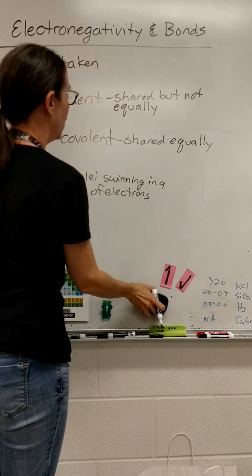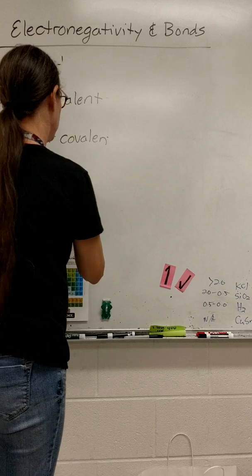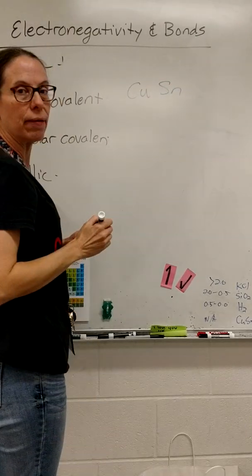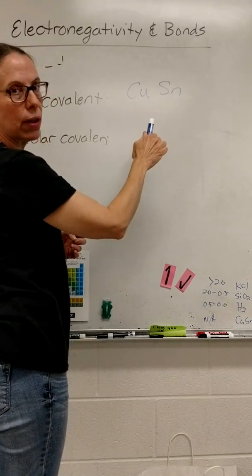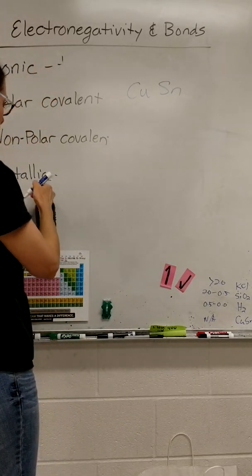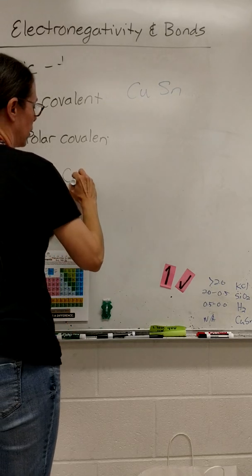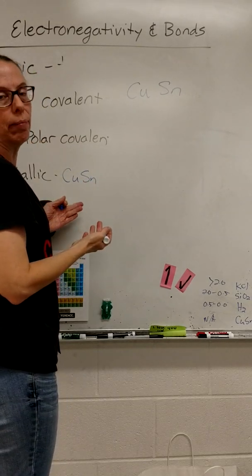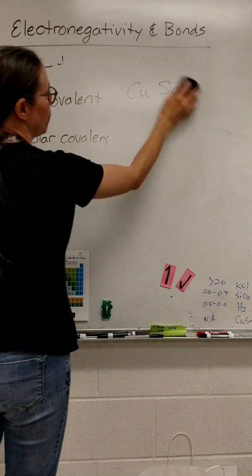Bronze is made of a mixture of copper and tin. Well, before we go any further, these are both metals. Metals are going to form metallic bonds. So when I have copper and tin, that's going to form a metallic bond. And I'm not going to move on any further. I don't have to do anything else.